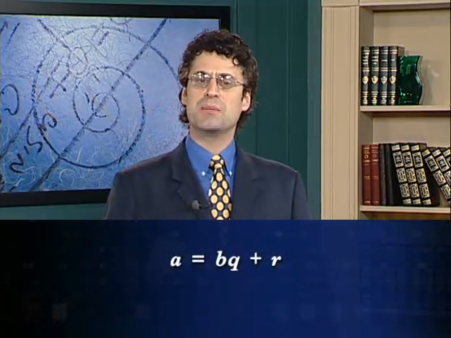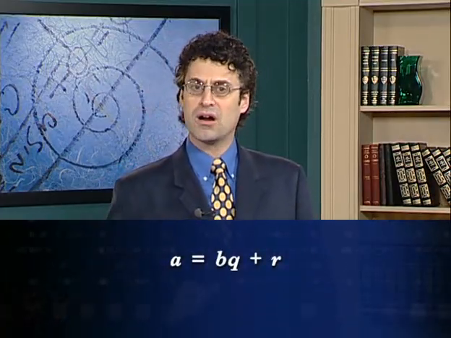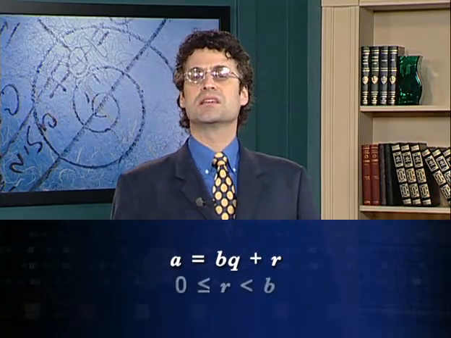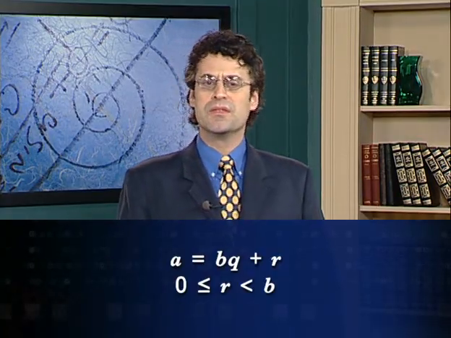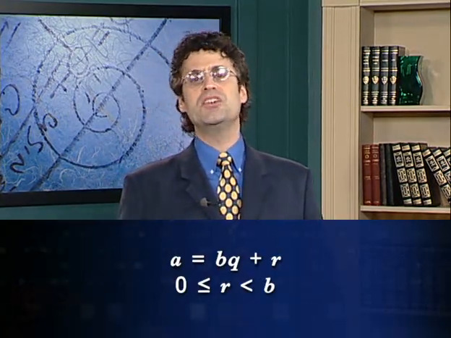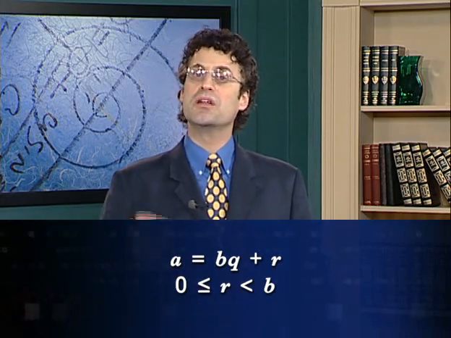The basic method involves repeated applications of the division algorithm, highbrow language for long division, which states that for any given natural numbers a and b, there exists a unique quotient q and unique remainder r that satisfy a equals b times q plus the remainder r, and the remainder r is modest. It's greater than or equal to 0, but strictly smaller than b. The crucial feature for us here is that the remainder r is always smaller than b, the divisor.